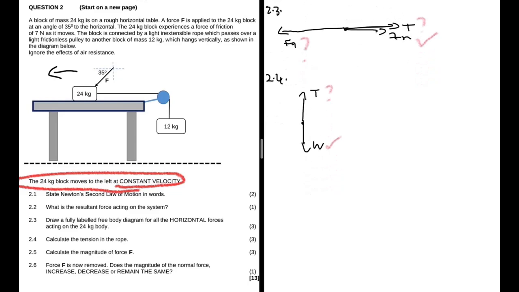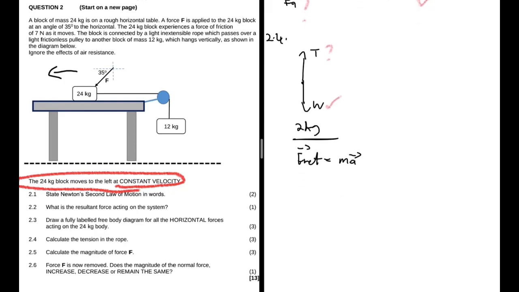So for the 12 kg block, we have F net equal to the mass multiplied by the acceleration. So it's just two forces. The weight minus the tension is equal to ma. These two forces are said to be equal, right?